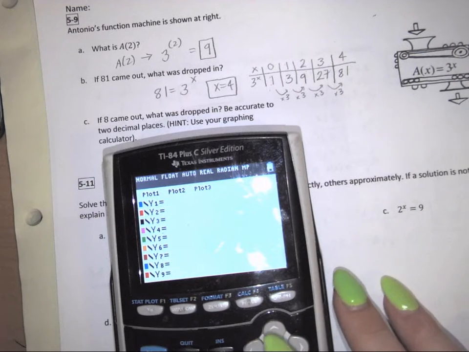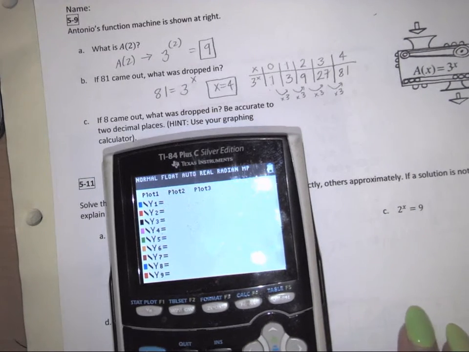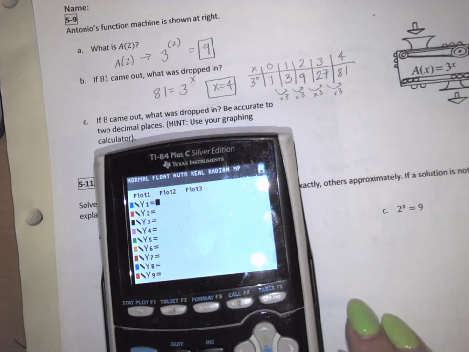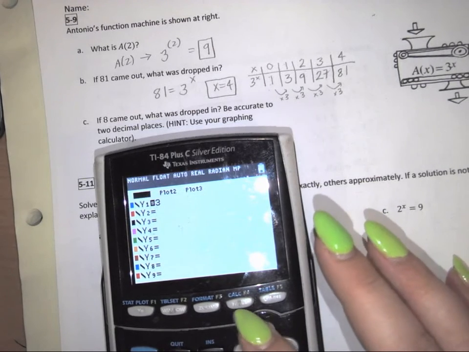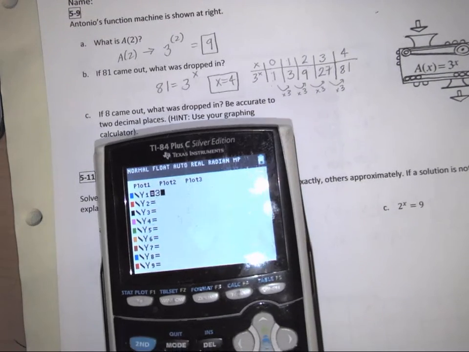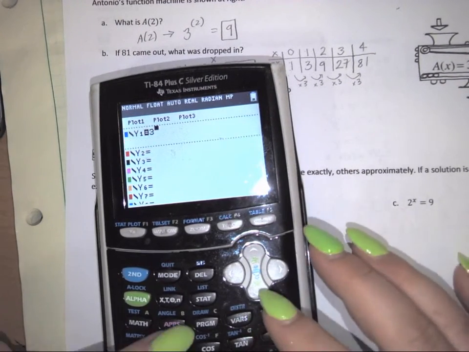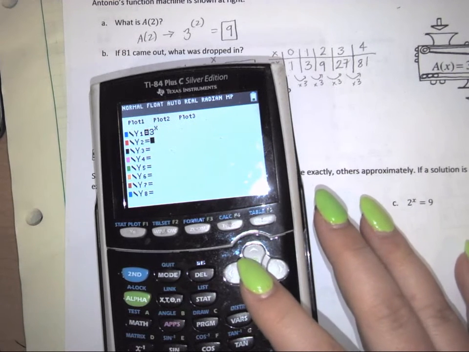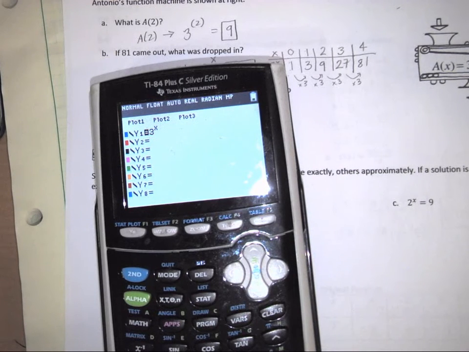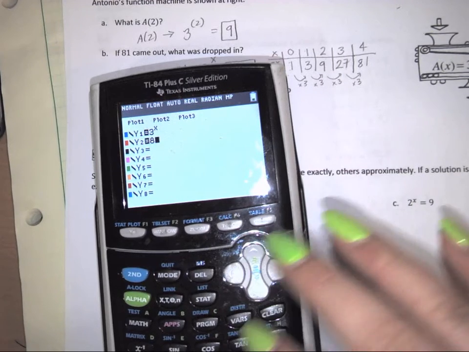Miss it already? If 8 came out, it'll help if we graph this function. So we graph 3, and then you use this button here, 3 to the x. And basically we want our output to be 8, so we want our y to be 8.